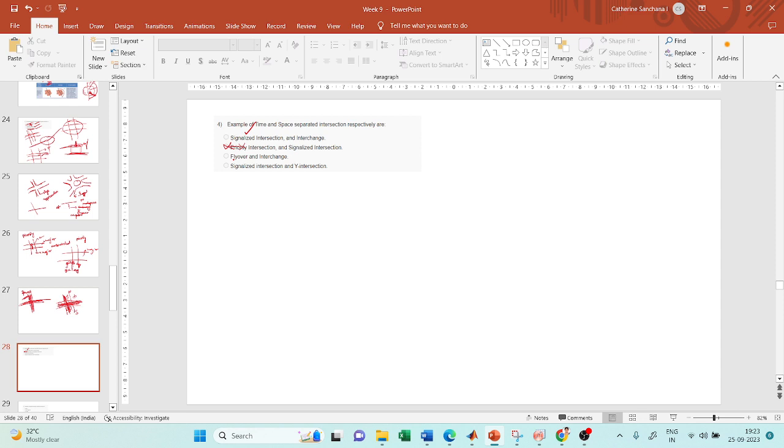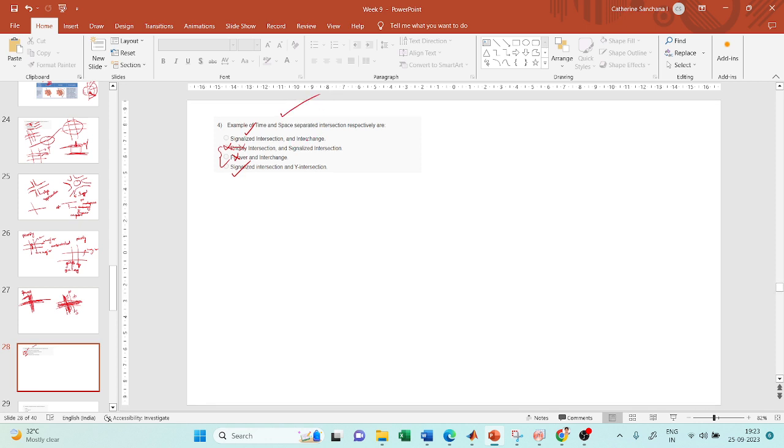So flyover time separated intersection. Flyover comes under space separated intersection, right? So this is also not a time separated intersection. A signalized intersection or time separated intersection? Yes. So already 2 and 3 are ruled out because the first case is not an example of time separated intersection, but still we will see the second option for space separated intersection.